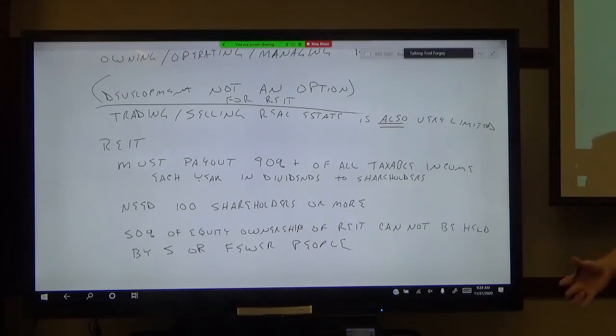It's almost like this big matrix: here is my project, here are the boxes ticked on that project, here's the ownership structure that makes the most sense for me. And that's in essence what you would go through with your real estate attorney to figure this out and what makes the most sense for you, and what is it you're trying to do?